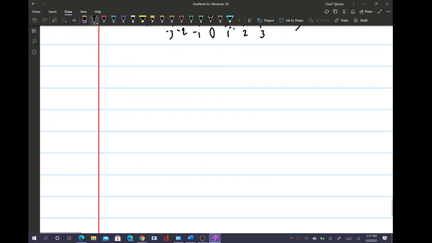Now, if we have something like -2 is less than or equal to x is less than 1, and we want to write this in interval notation and plot it. In interval notation, notice that we have a less than or equal to x, right? So we are going to have bracket -2, and then comma 1, and then notice that it's less than, so it's parentheses.